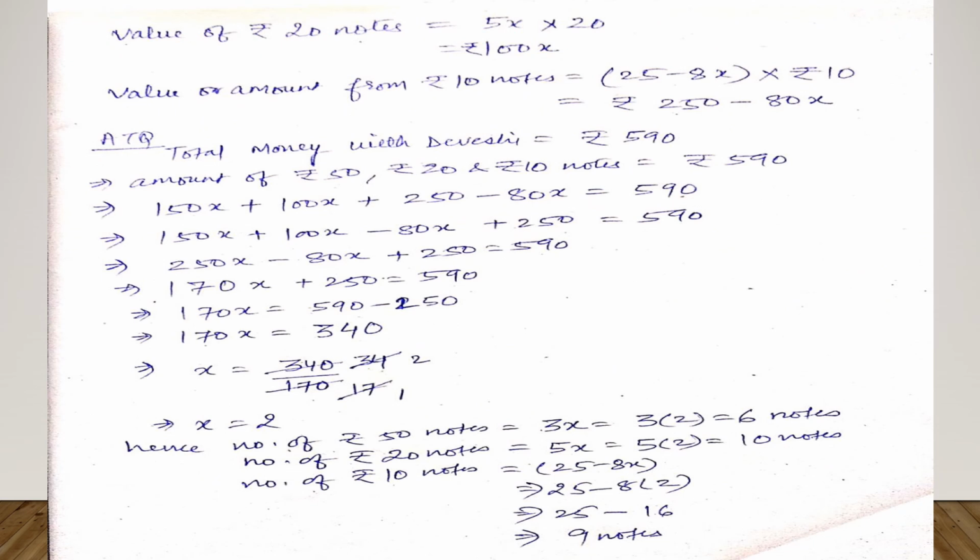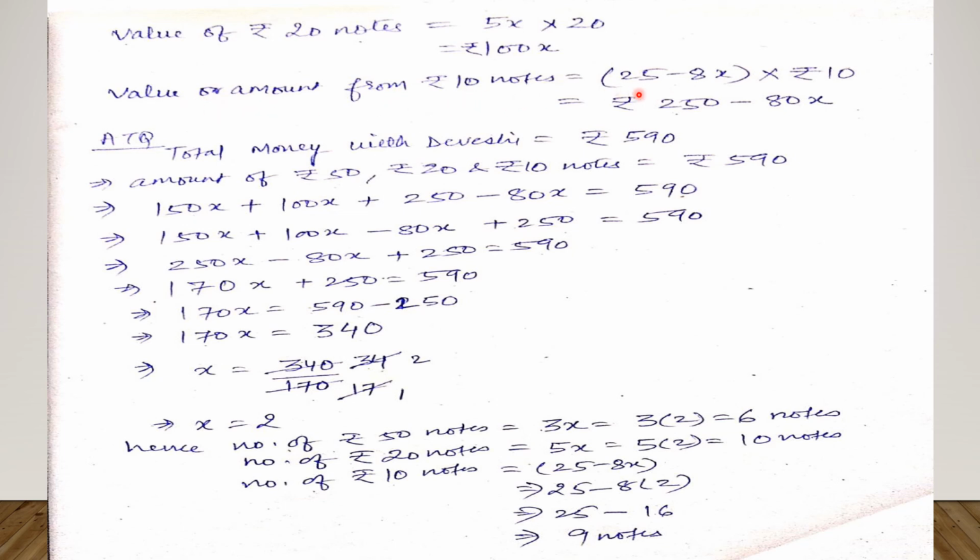Clearly, the value of 20 rupee notes will be given by the number of 20 rupee notes, that is 5x, into 20, which is rupees 100x. Last but not the least, the value or amount from rupees 10 notes.